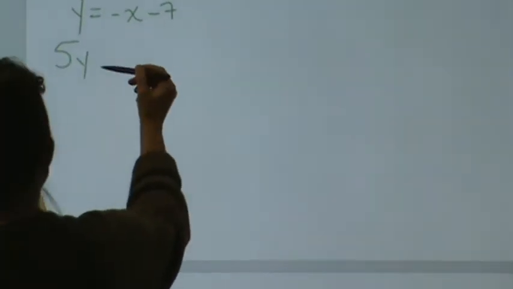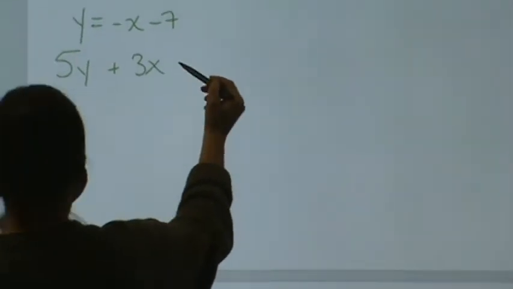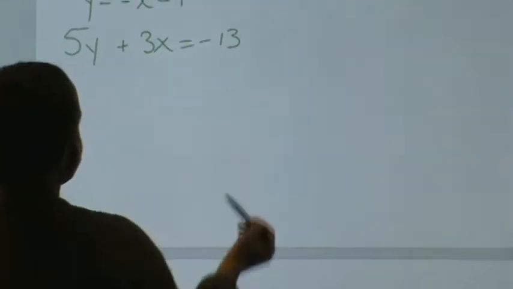So in that space below, here's what I want you to write, okay? We had y equals negative x minus 7. That's what we were given. Our second equation was 5y plus 3x equals negative 13.